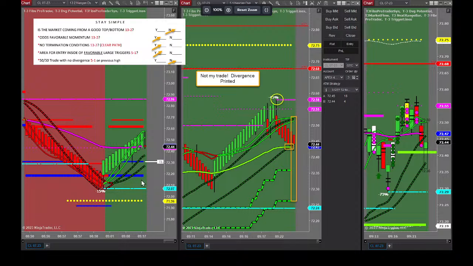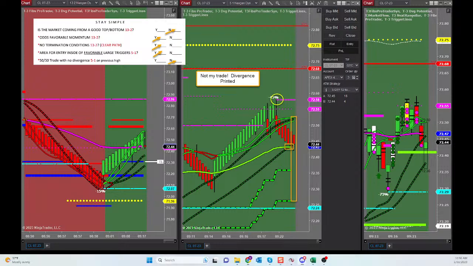Just to get you to break your rules. But guys, isn't that easy? I have a 50-50. It has divergence. It's not my trade. Doesn't matter what happens next. Just doesn't matter. Great job, Bobby. Good job following your rules. It's hard to do sometimes.